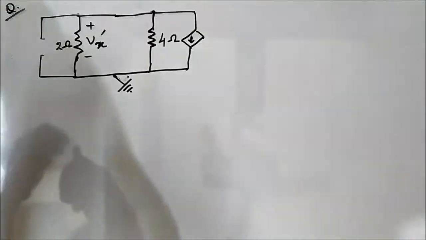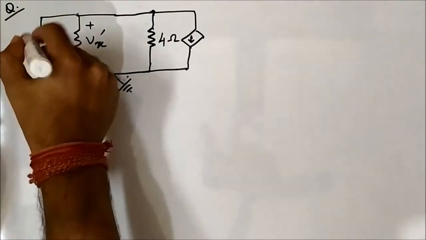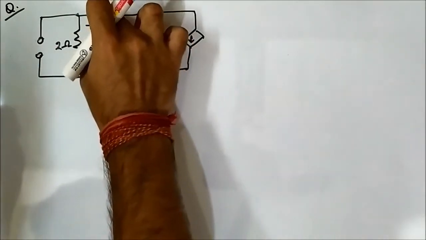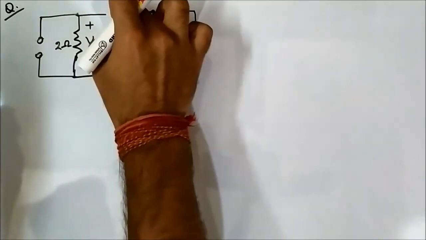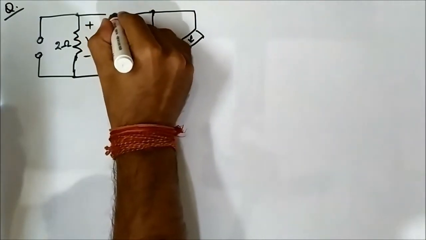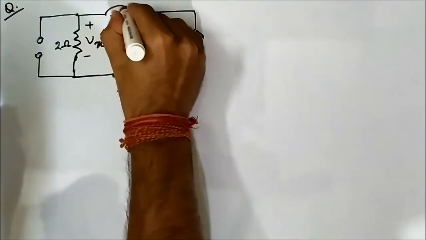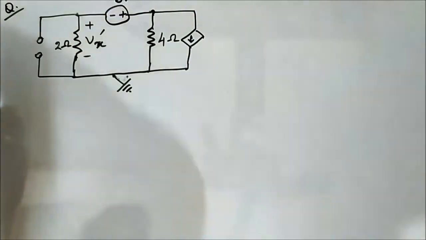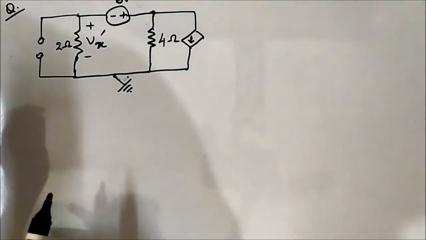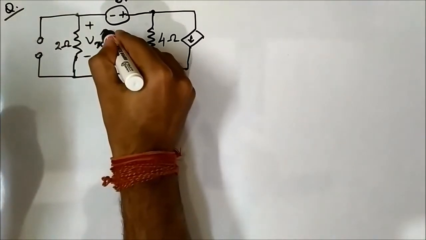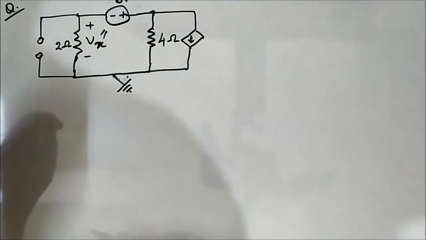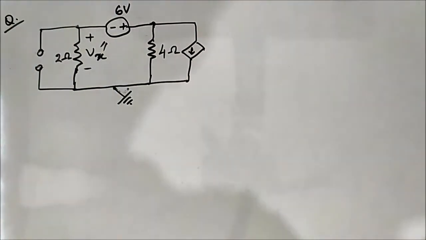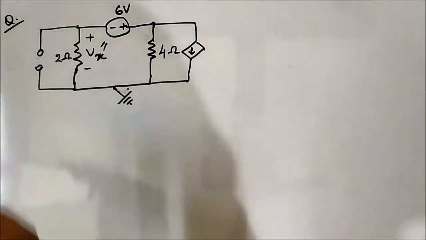Simply replace the current source with an open circuit and reconnect this 6 volt voltage source. Here this drop will be Vx double dash because it is step 2, it will be different. We are considering the 6 volt voltage source, neglecting this current source.